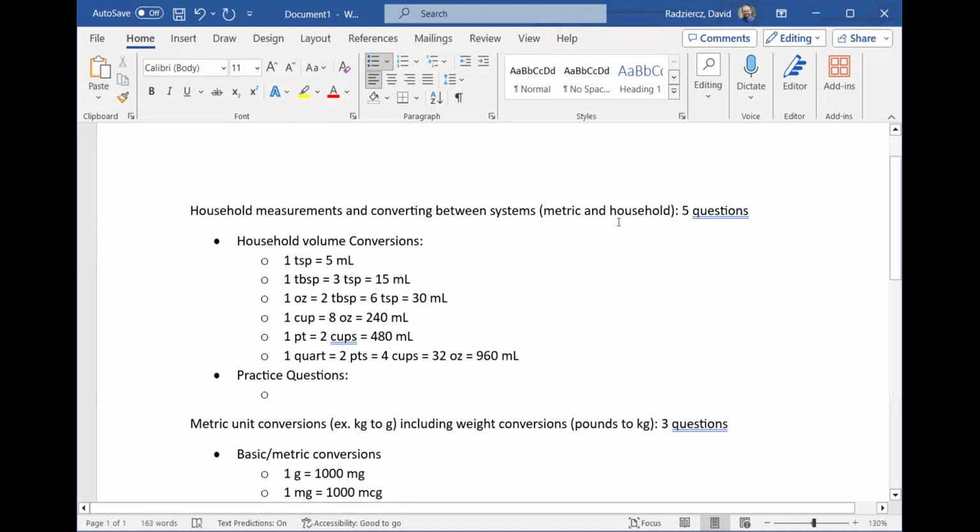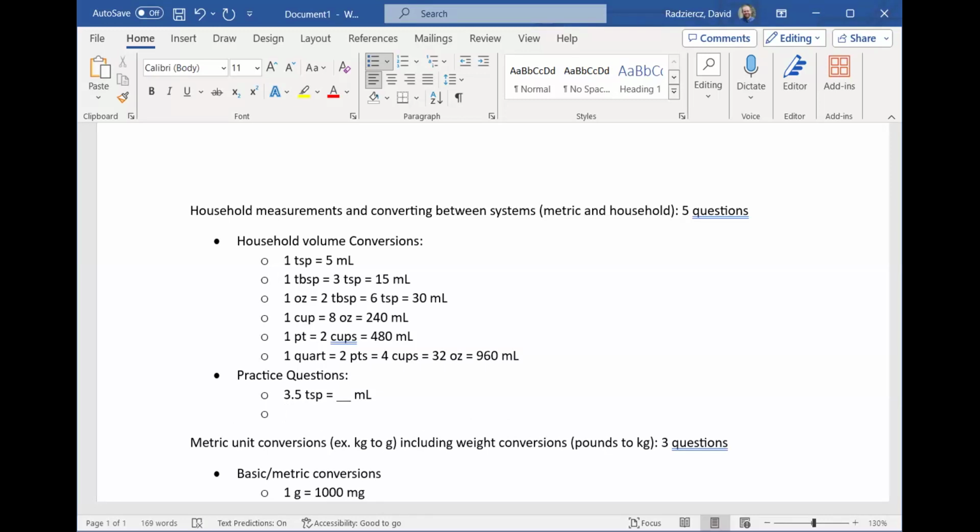All right. So the first practice question would be something like, let's say you have 3.5 teaspoons and you want to know how many milliliters that is. And then I'm going to give you a couple different options here. Let's say you have 1.5 tablespoons and you want to know again how many milliliters that is.